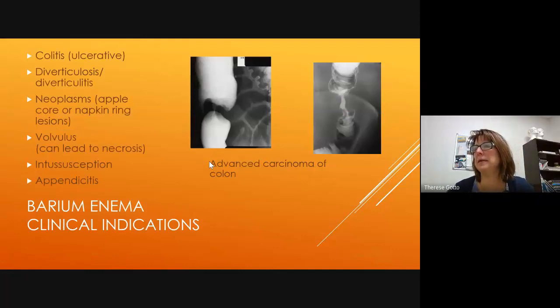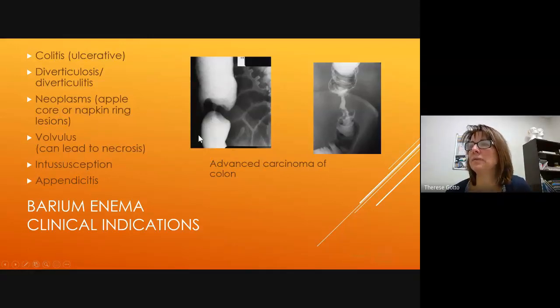Okay, so barium enema. The clinical indications for a BE can be colitis, specifically ulcerative colitis, those are bleeding ulcers usually in the colon. Diverticulosis, pouches on the colon. Diverticulitis, which is an infection of one or more of those pouches on the colon. Tumors or neoplasms, it can be colon cancer like these pictures here, or it can be benign tumors.